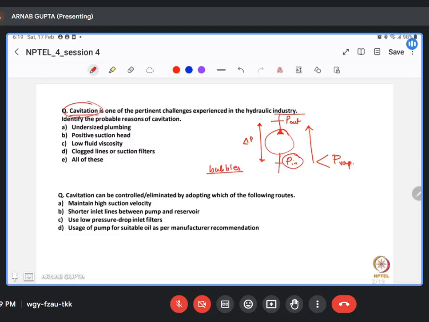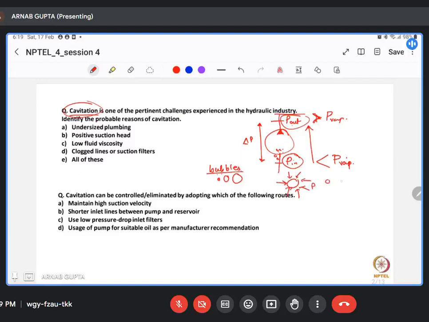So, this is the first part of it, but this is not entirely cavitation. These bubbles start accumulating at the inlet side inside the pump, which is the low pressure side. The bubbles keep on growing because the pressure outside is low. As they go towards the outer side, the pressure is increasing. Here the pressure is much greater than the vapor pressure, right? So the bubbles are exerted upon by pressure from the outward direction.